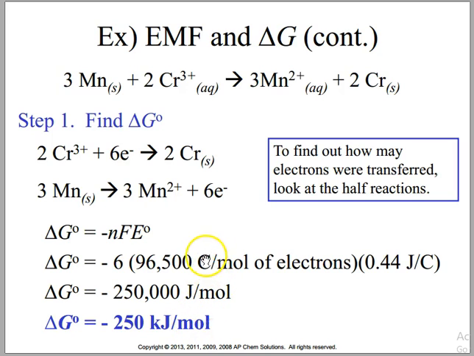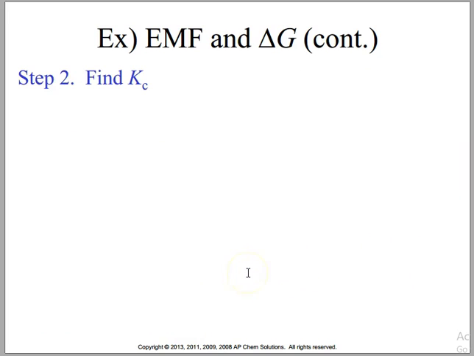But just include all of your units all the time. Include coulombs per mole of electrons, moles of electrons, joules per coulomb, so that we can cancel out our coulombs and we're left with joules per mole. So it's important that you're using your units all the way through. Next, let's find the equilibrium constant.